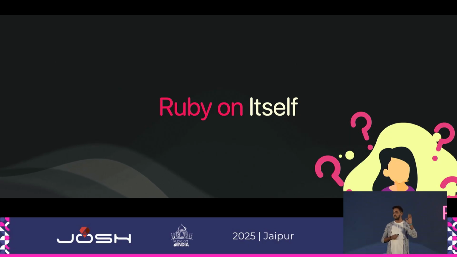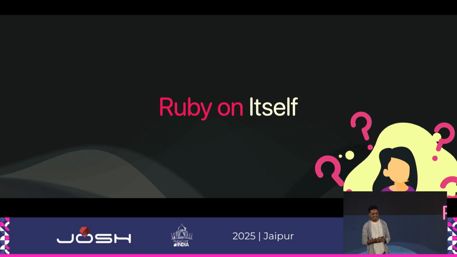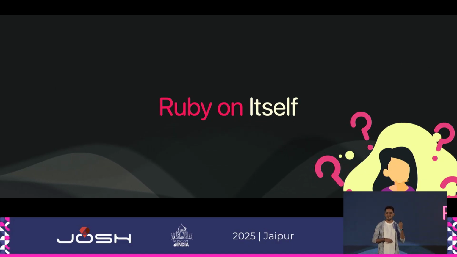Any show of hands? Come on. Okay, so this can be done by a pinch of DSL. Just a little bit of DSL you throw on Ruby and it can handle that work.